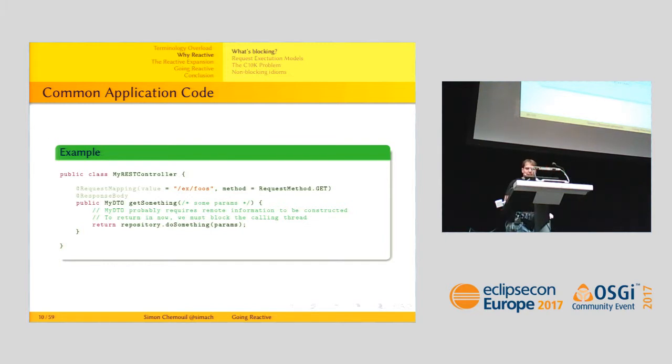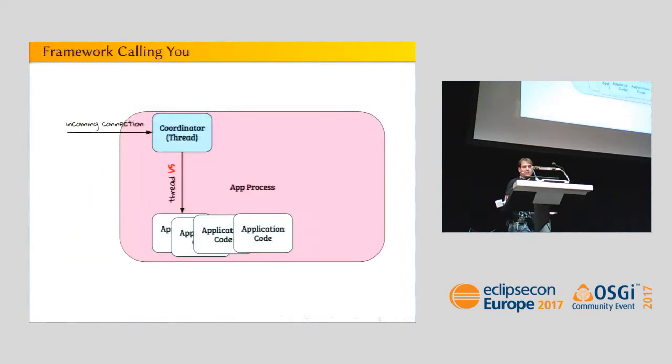So basically here, my repository that is handling my business logic will also block, and I can't do anything about that. So that's what we are used to, and it seems really nice. So what's going on when the framework is calling you? Well, you are getting called on a given thread, and your code is going to block. And if your code doesn't do remote I/O, if my DTO is entirely local, like in memory, no problem, it's going to reply.